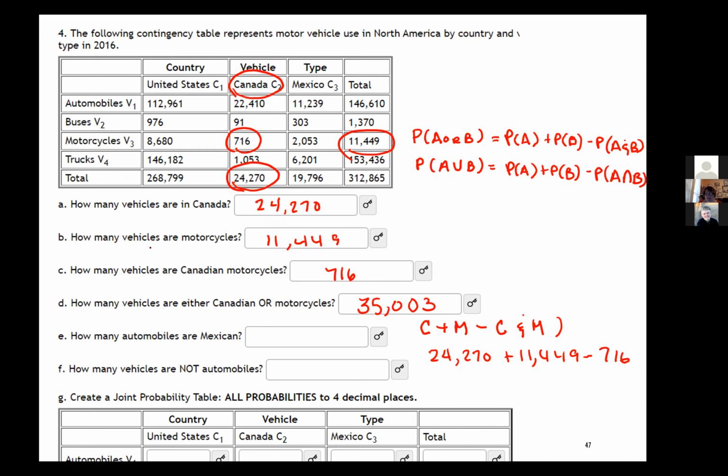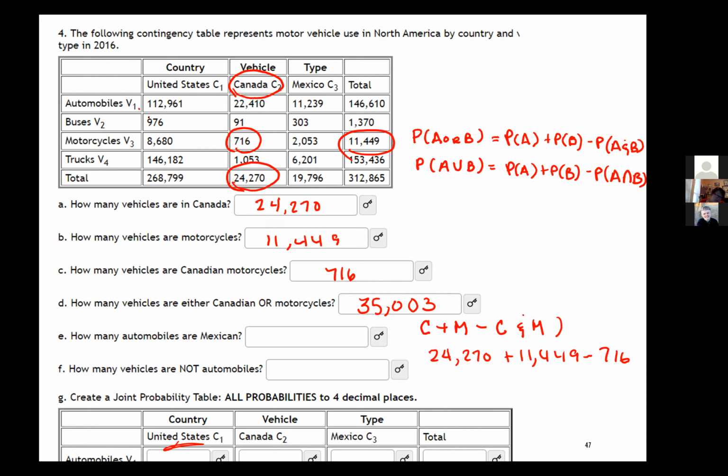Okay, so then to find the probabilities, which I didn't take a snip of the entire probability table below, for example the first cell down in that snip is you're an automobile and you're in the United States. Well, what's the probability that you're an automobile in the United States?